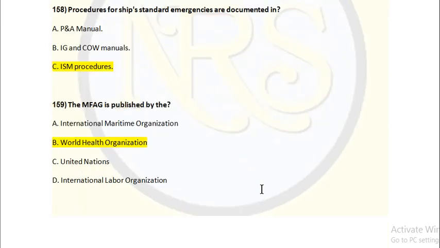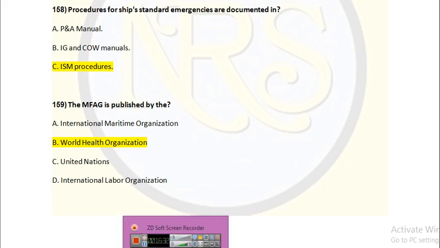Question number 159. The MFAG, the Medical First Aid Guide, is published by: option A, International Maritime Organization. Option B, World Health Organization. Option C, United Nations. Option D, International Labour Organization.